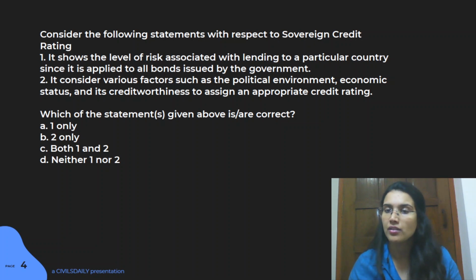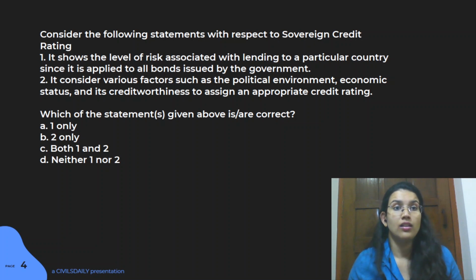The first statement here is that it shows the level of risk that is associated with lending to a particular country, since it is applied to all the bonds issued by the government. And second, it considers various factors such as political environment, economic status, and credit worthiness to assign an appropriate credit rating.